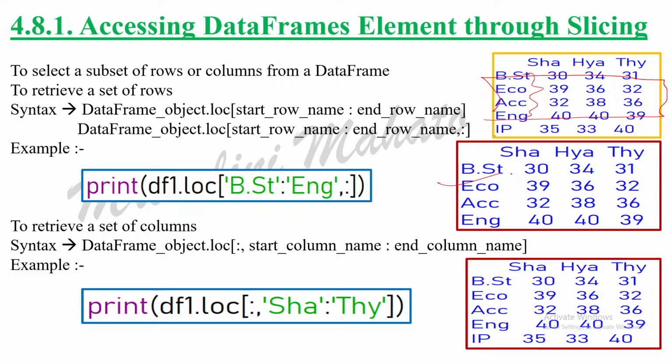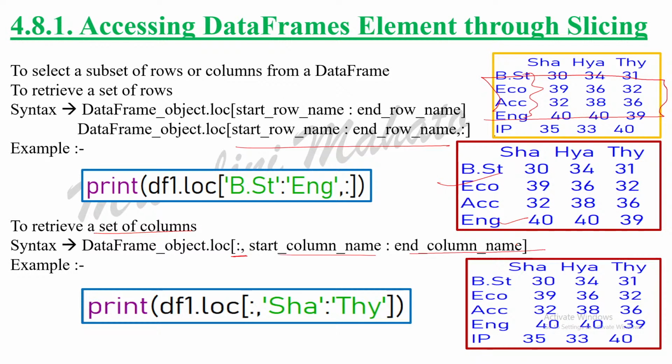Because loc will accept the row label by default. Whenever you want to retrieve a set of columns, what will you write? Data frame object dot loc colon comma, then start column name colon end column name.